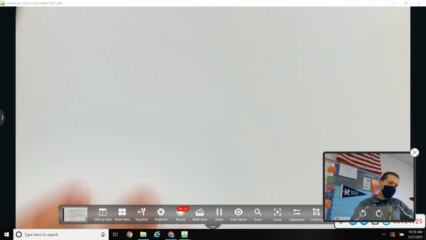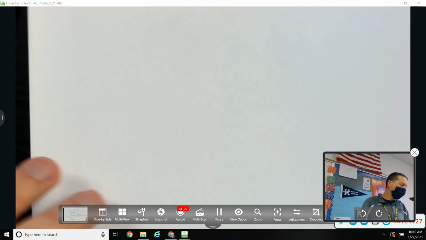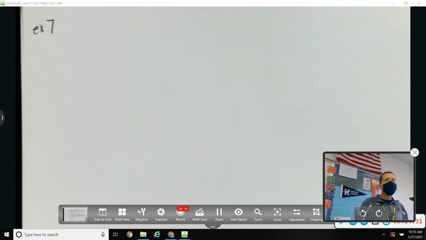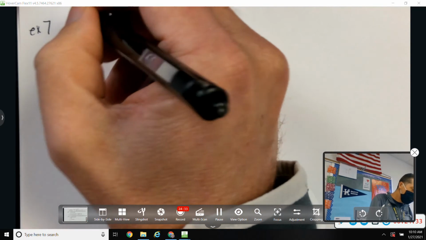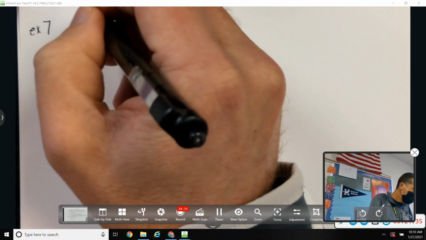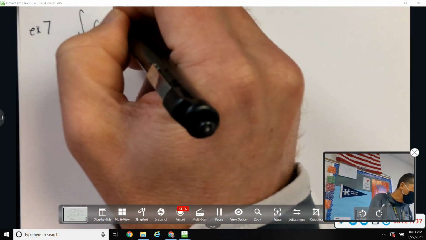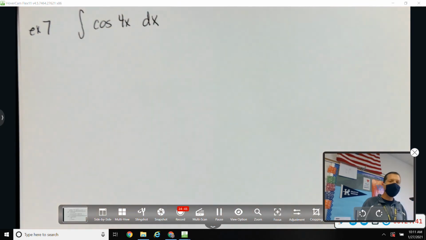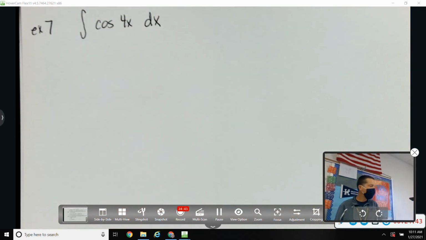All right, we don't want a day to pass without doing some trig, right? Three more. These will go reasonably quick if you know your trig. Integral of the cosine of 4x dx.